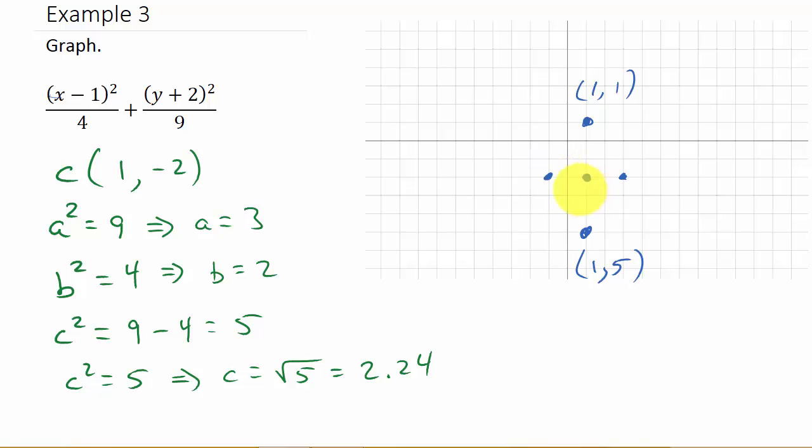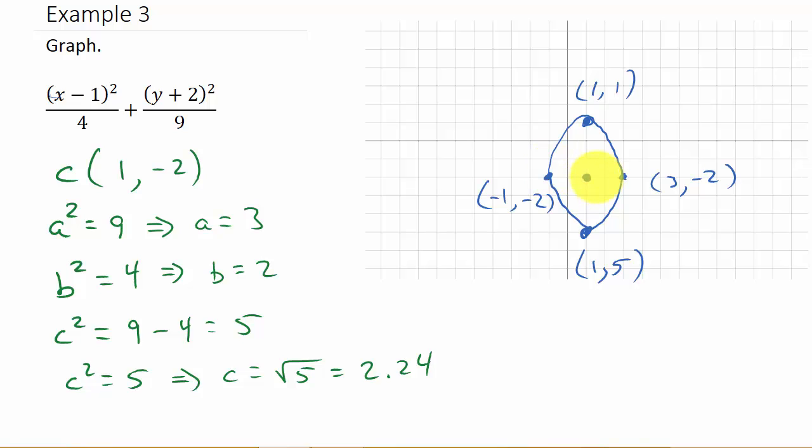This would be the point 3, negative 2, and this would be negative 1, negative 2 for that point. And then we can draw in our ellipse, and I know that doesn't look very good, but that's what it is.